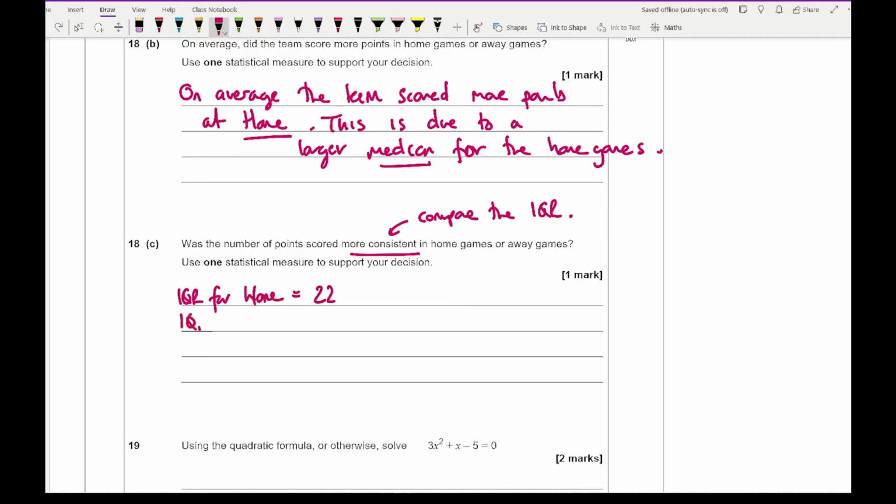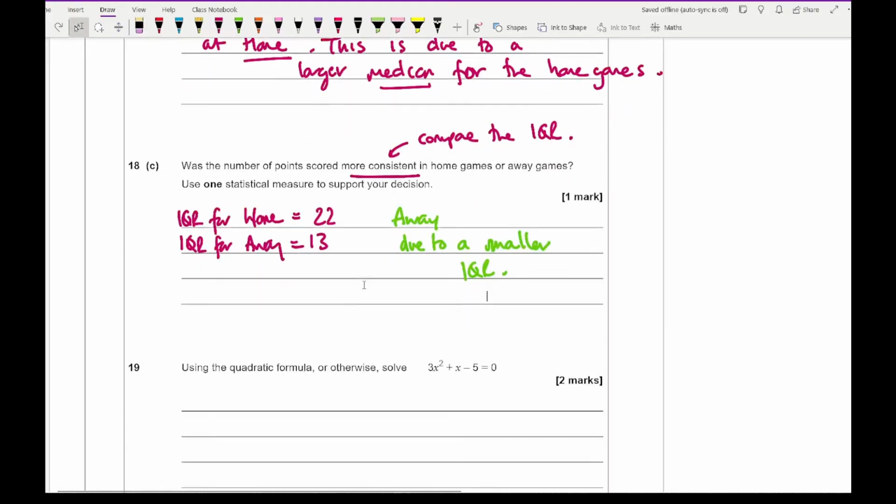And the IQR for away was 13. So which one's got a smaller IQR? The correct answer is going to be away due to a smaller IQR. So they're more consistent away from home than they were at home.